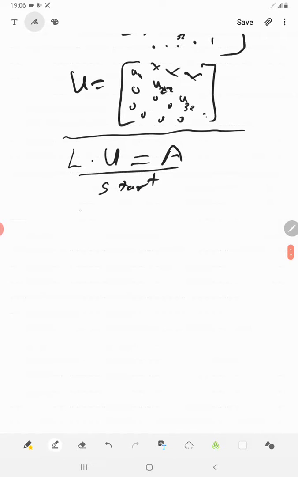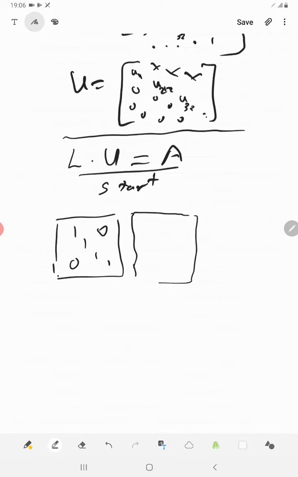We define a unity matrix, a matrix full of 1, and here 0, and here 0, and the other matrix is A. If we multiply this times this, this will give you A.